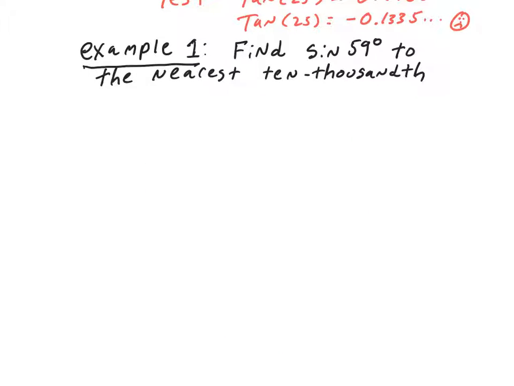Okay, let's do an example. For example 1, we're going to find the sine of 59 degrees to the nearest 10 thousandths. So I'm going to go on my calculator, type in sine, which is sin, and 59 for 59 degrees.